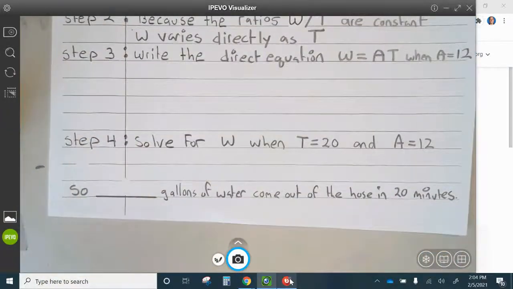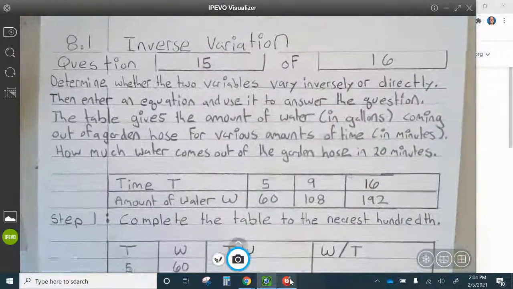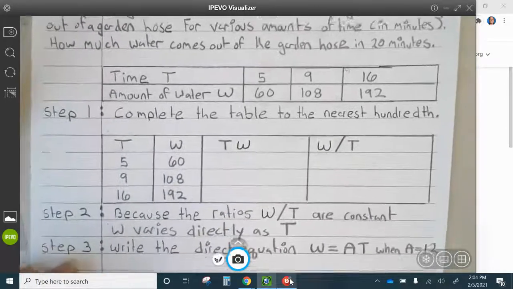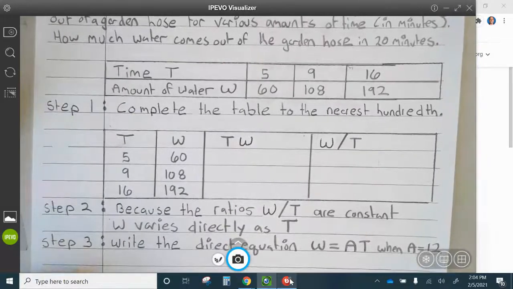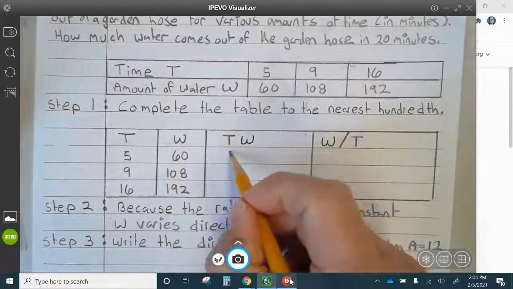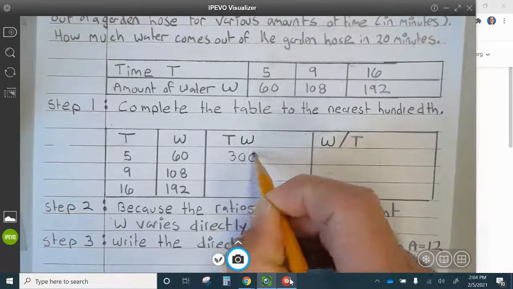Okay. All right. Determine whether the two variables vary inversely or directly. Then enter an equation and use it to answer the question. The table gives the amount of water in gallons coming out of a garden hose for various amounts of time in minutes. How much water comes out of the garden hose in 20 minutes? So here's a table that we're given. Now let's complete our table. So 5 times 60 is 300.